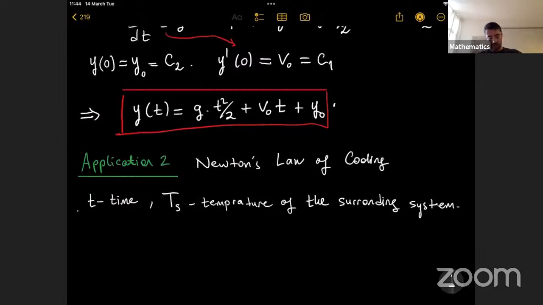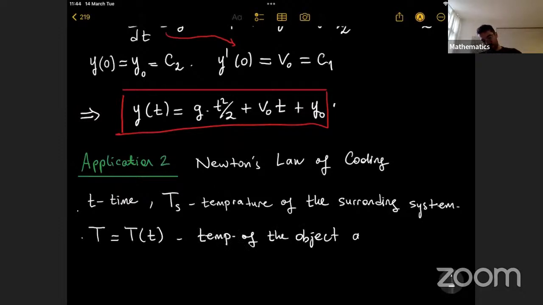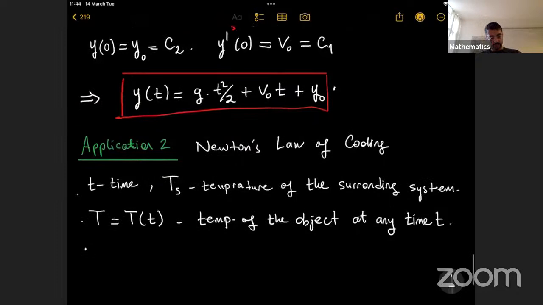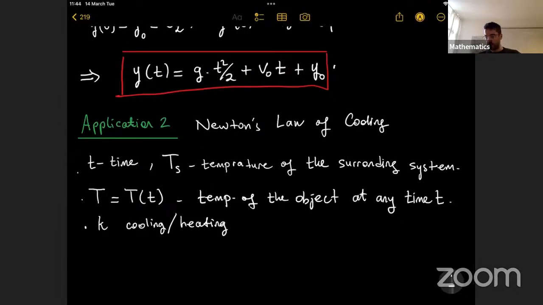And by T, which is a function of small t, it's the temperature of the object at any time t. And K is the cooling or heating constant. It's a constant that depends on the heating or cooling source here.